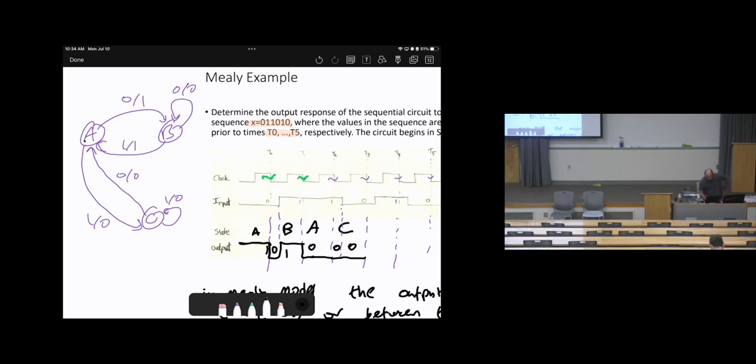Then there is no other mid-cycle update. Then at T3, we have the next update of the states. We are in C, and the input is 0, the output is 0, then it will go directly to state A. So, redraw or write the new update, which is state A here.